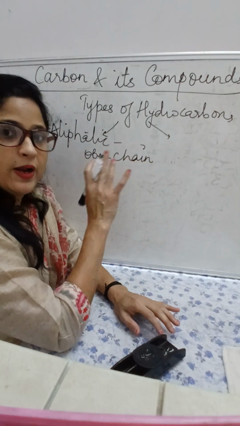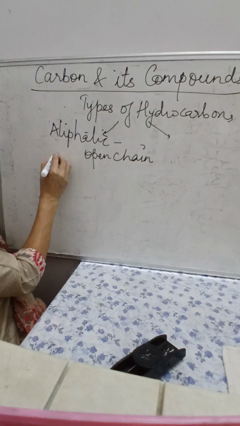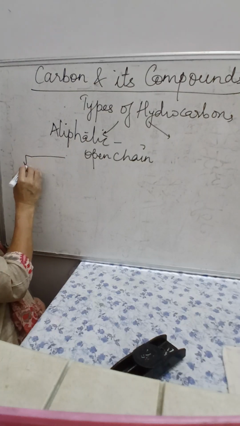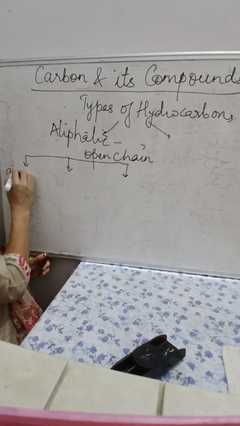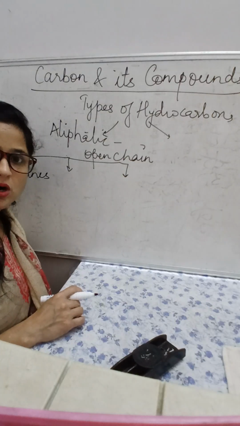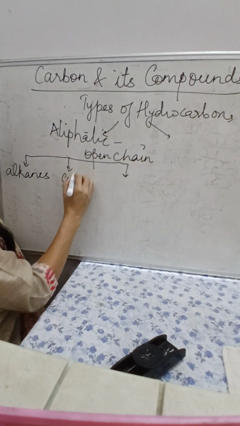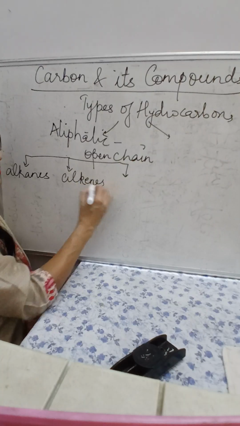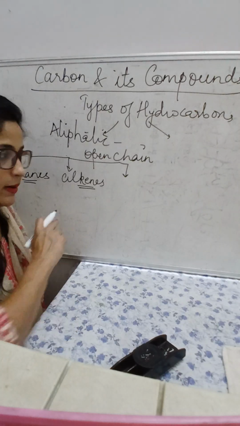This will also have many categories, which I am going to explain. The first one is alkanes. This is the saturated bond, where there is no double bond and no triple bond. The second one is alkenes. Just see the terminology that I am underlining.